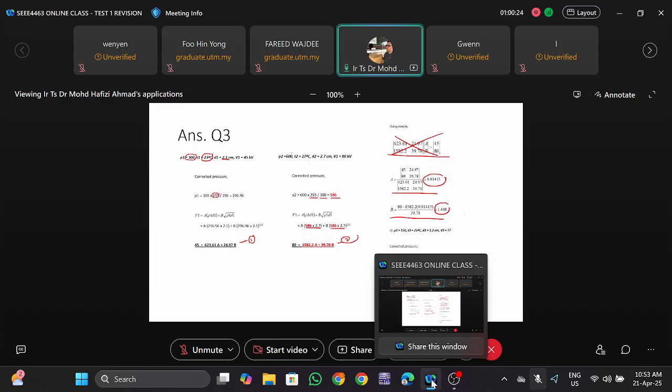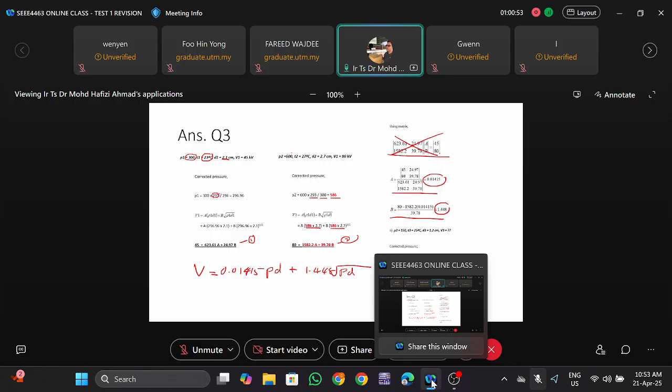Then you get a complete equation where V is equal to 0.01415 P D plus 1.448 square root of P D. Okay, so you got the complete equation.